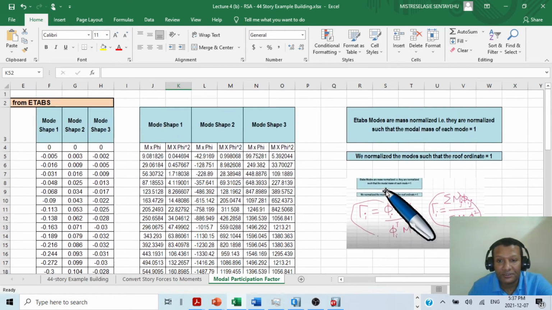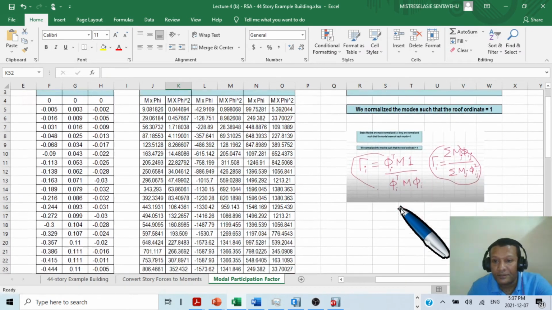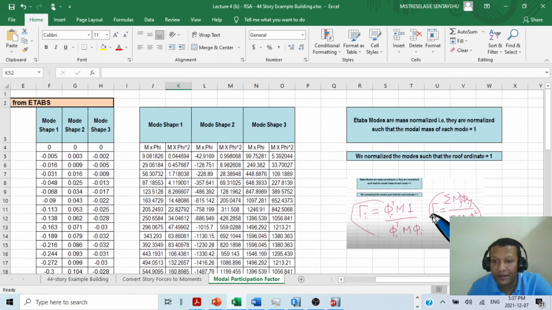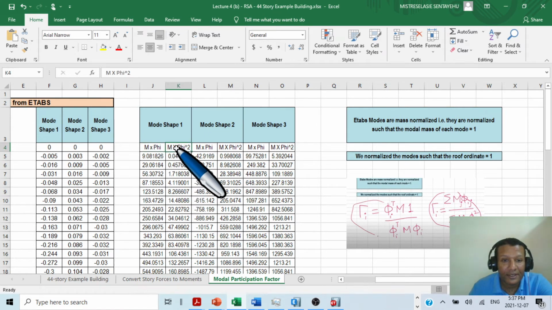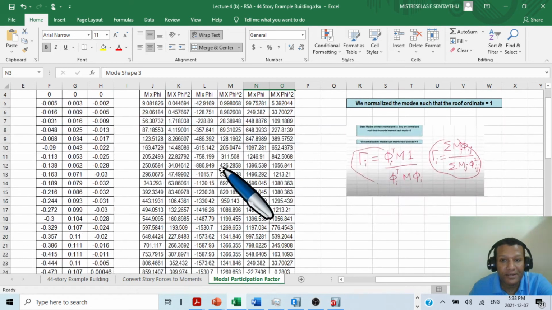mass participation factor. In the summation form we have the summation of mj times phi j on each floor, over the summation of mj phi j square. This will be the modal participation factor. So as you can see, m times phi square for mode 1, for mode 2, for mode 3. So all will be here.